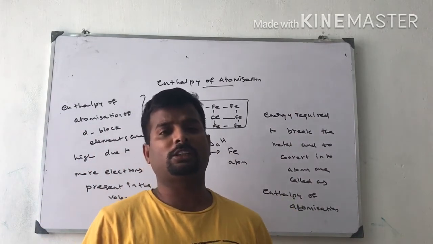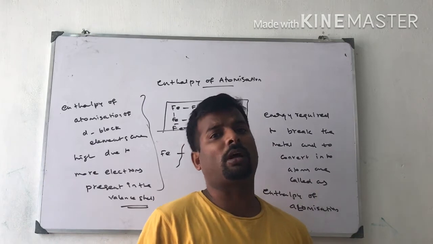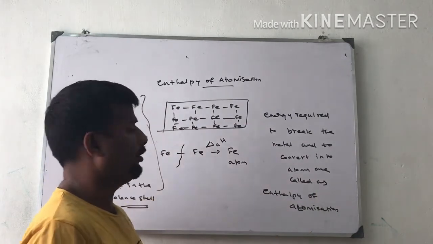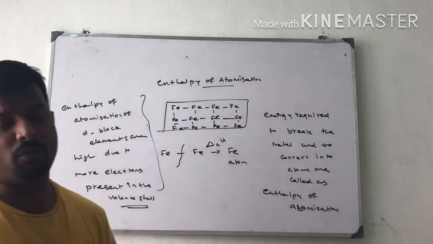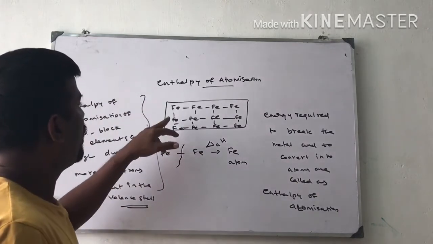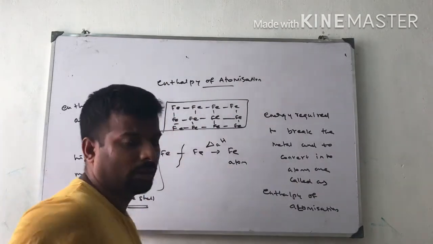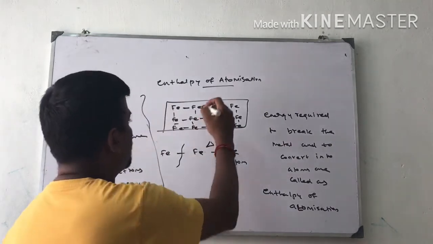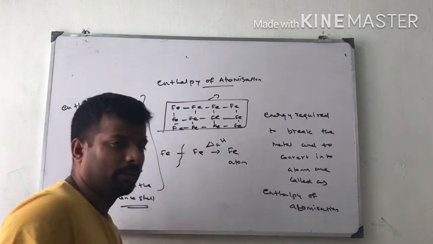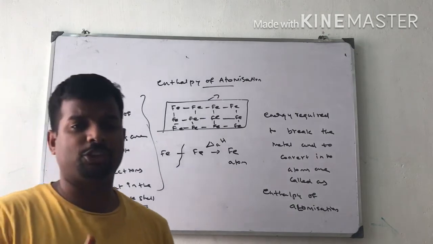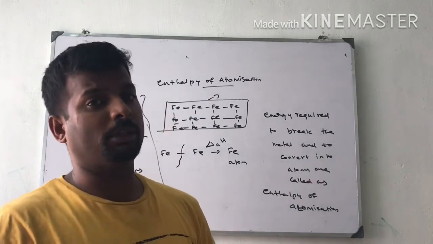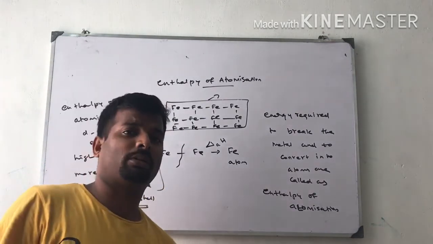I already explained this. Now I am going to draw one graph, and after the graph I will explain the enthalpy of atomization. This ion is tightly bonded with this ion due to electron-proton attraction; this is called a metallic bond. Roughly, if more energy is needed to break the bond, more electrons are involved in bonding.